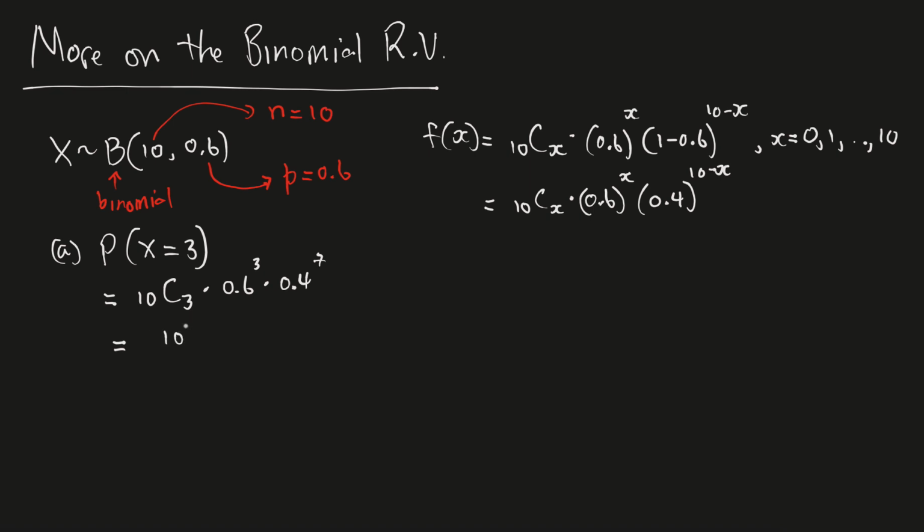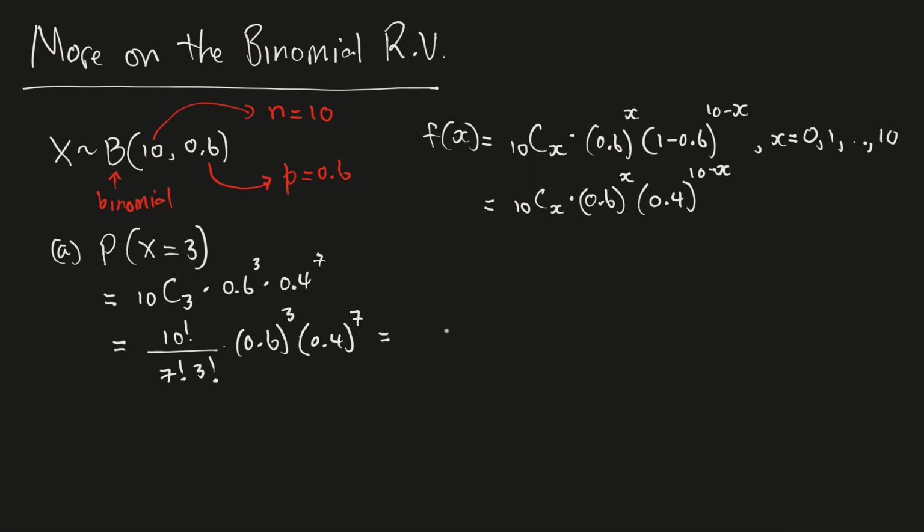So this is 10 factorial over 7 factorial, 3 factorial, and then we have our 0.6 to the third power times 0.4 to the seventh power, and then we evaluate that.